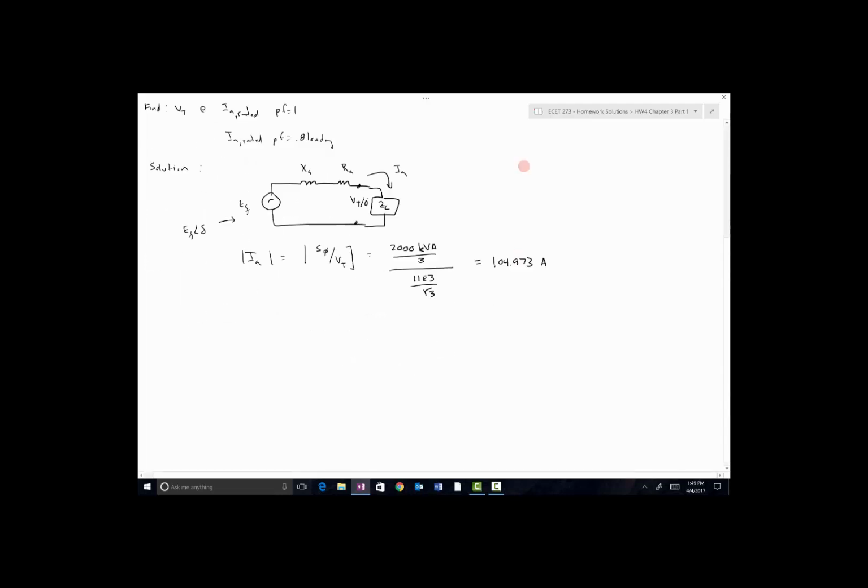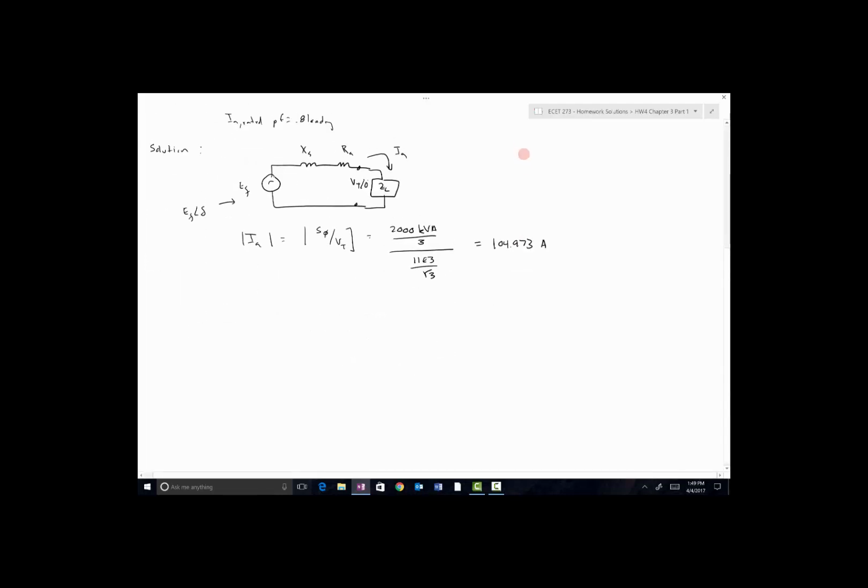So this generator was configured to deliver a lagging load, so an inductive load at 0.8 power factor. If we drew the phasor diagram where IA lags VT, remember it looks like this. That's your terminal voltage. Here's your lagging current at phi for a power factor of 0.8.